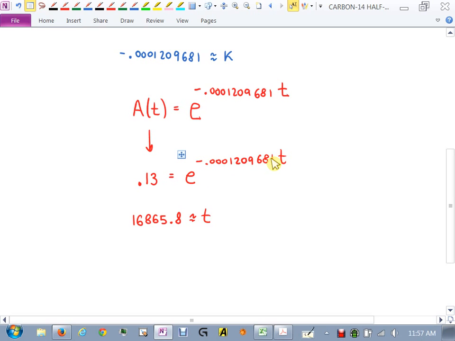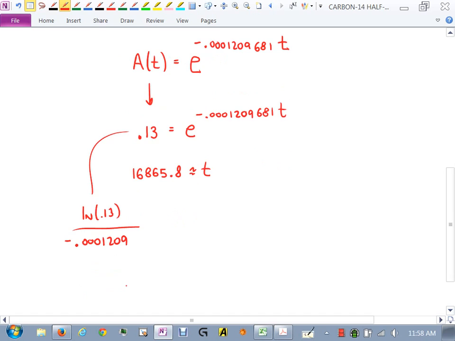Here's my recommendation on the test: if you're going to round this, and that's what you're going to type into your calculator, show me what you rounded to. When you do the natural log of 0.13 divided by, if you round it to 1209, if that's where you stopped, then write it down so I know. Your answer's going to be different than mine because of where you stopped. Just make it clear.